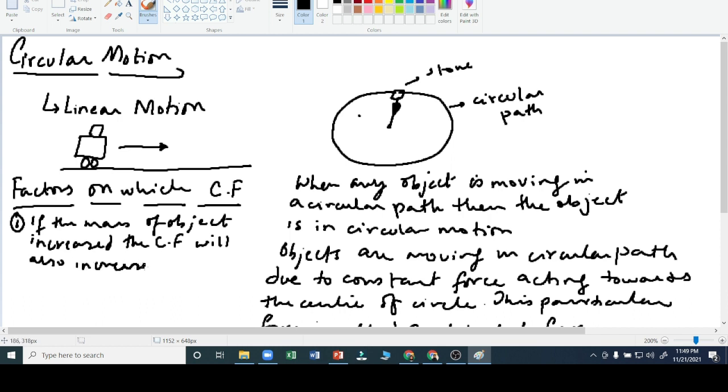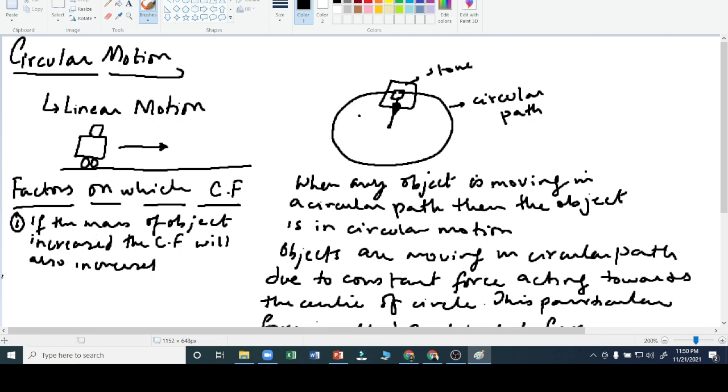This is very obvious, because if, instead of this stone, I take a bigger object of greater mass, then to move that big object around the circle we will need a greater force because of the greater mass.